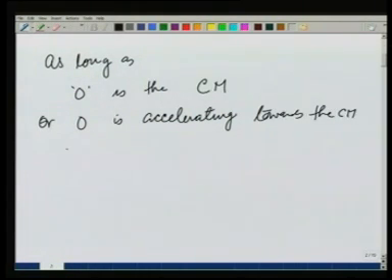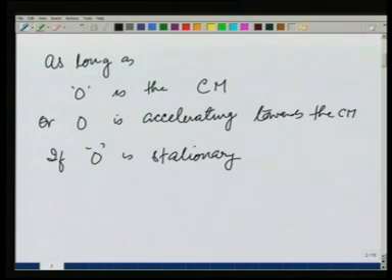Of course, it is true if O is stationary or moving uniformly.